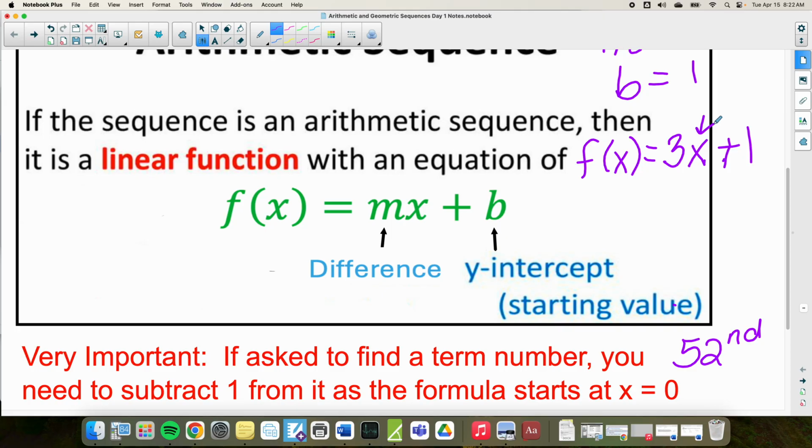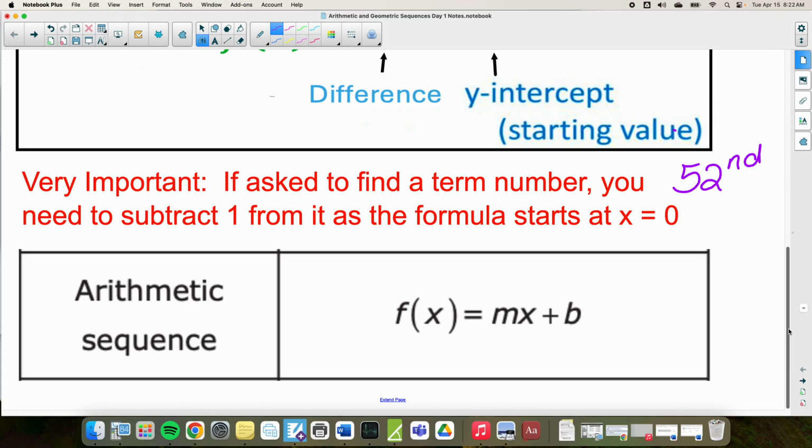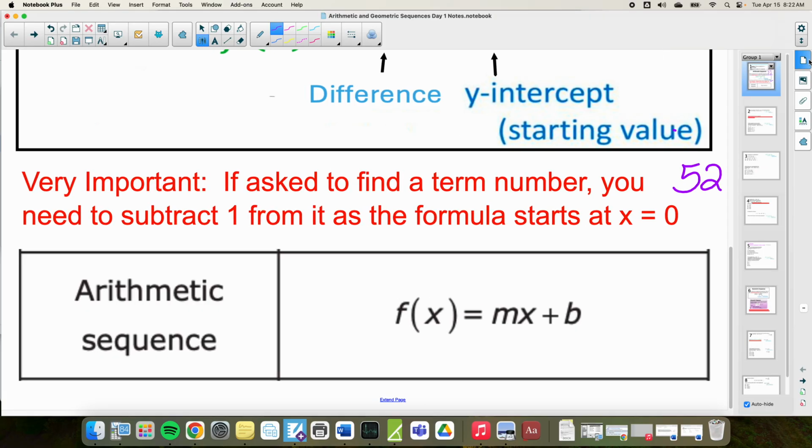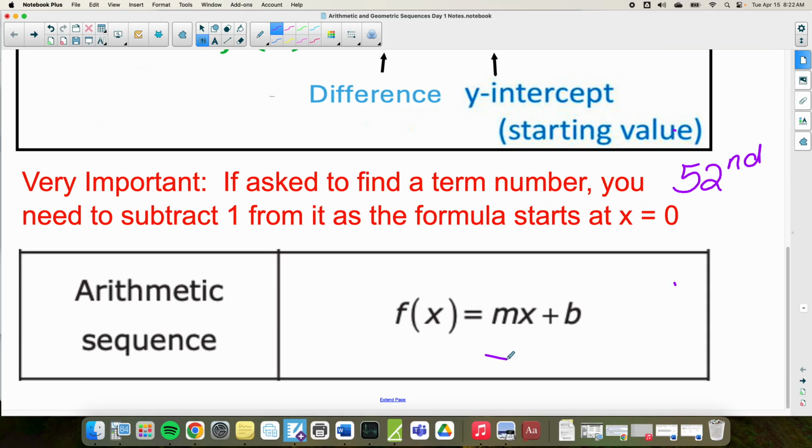So that's why you have to subtract 1. If they asked you what the 52nd term in this sequence is, we would put 51 in for x to figure it out, okay? Oh, and by the way, this is on your cheat sheet that is in the MCA packet, so you'd have that to remind you what that is, okay?